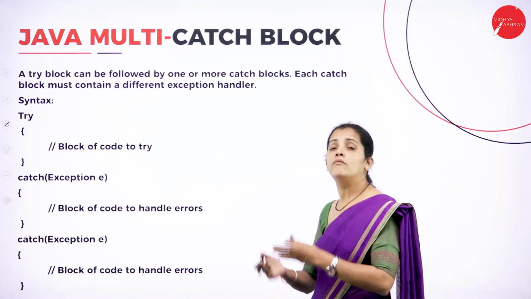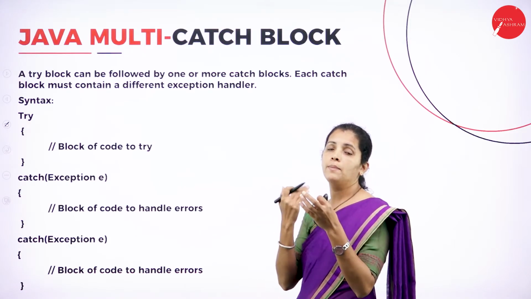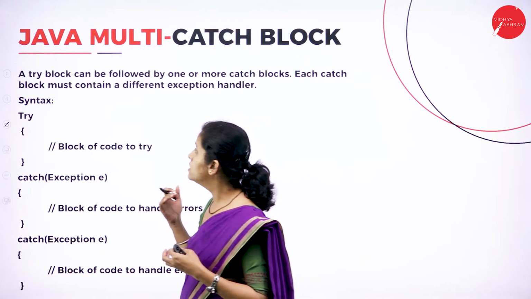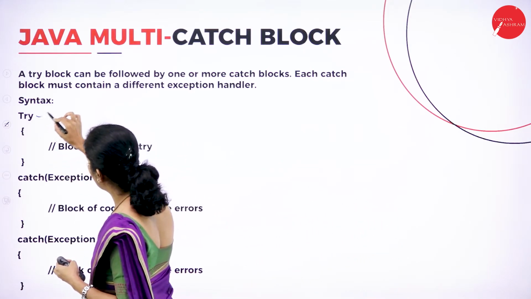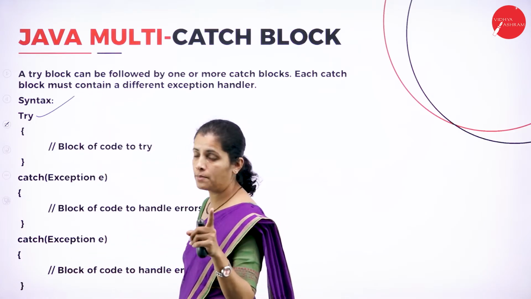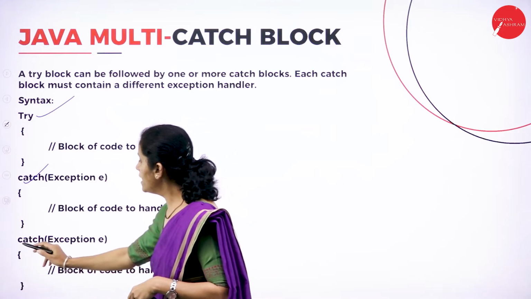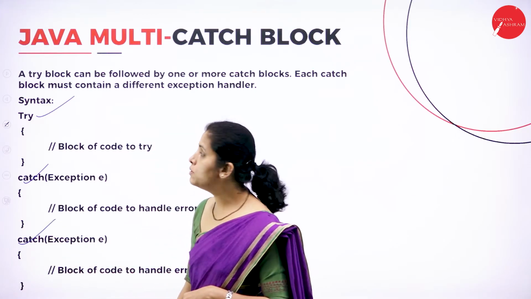Followed by that, I'm going to have Java multiple catch block. That means for one try block, I can have n number of catch blocks. So this is the syntax. I'm going to have one try block, and it is followed by the first catch block and second catch block.